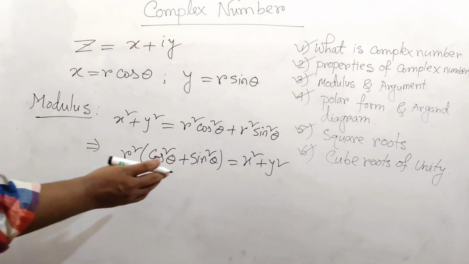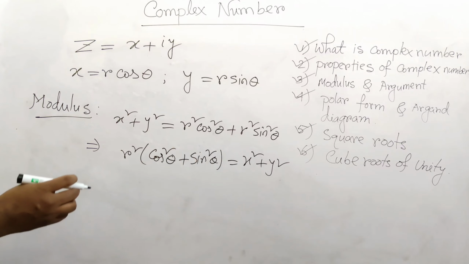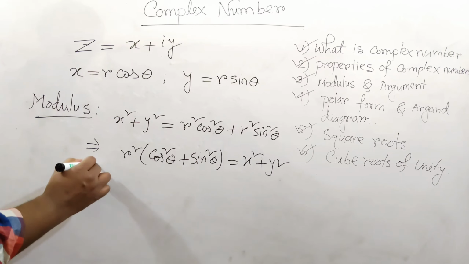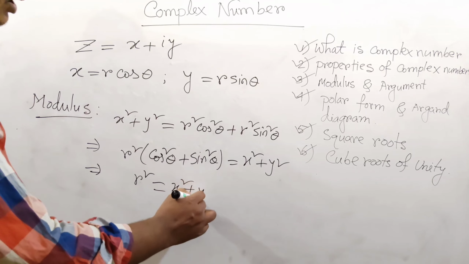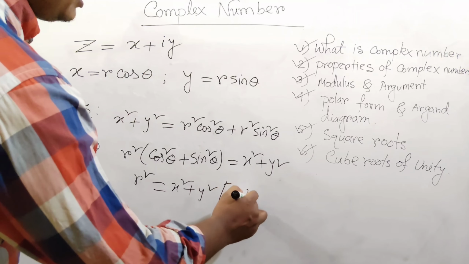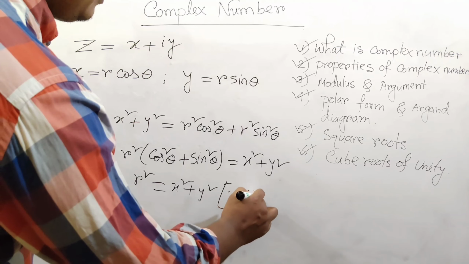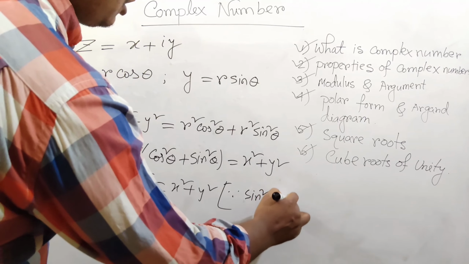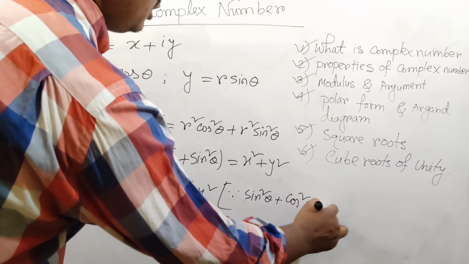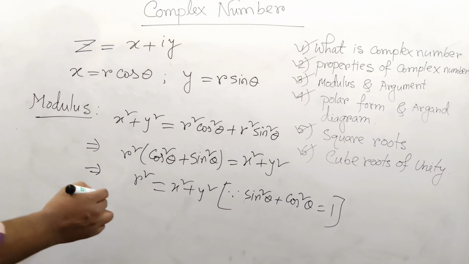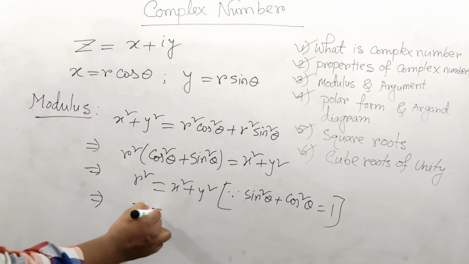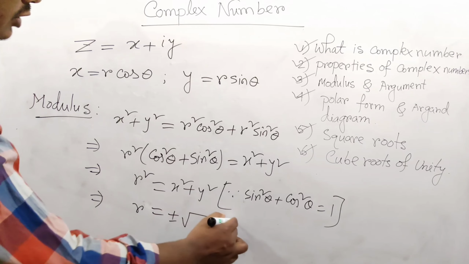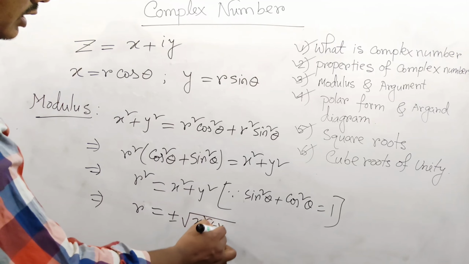So we already know that in trigonometry cos square theta plus sin square theta equal 1. So if we write here 1, that is r square equal x square plus y square. So here r equal plus minus square root of x square plus y square.